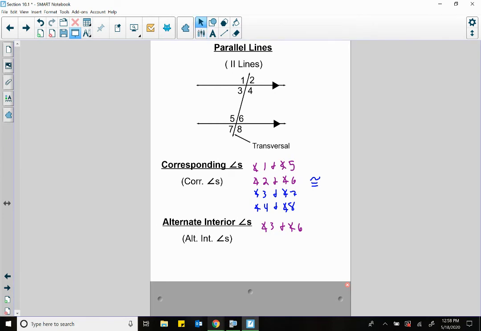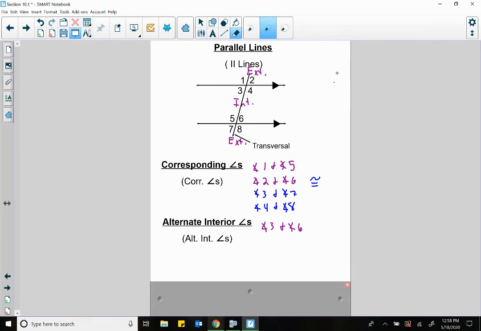So what I defined as alternate interior, your parallel lines divide your spaces up here. When you are between your parallel lines in here, this is what we call the interior. Out here is what we call the exterior. And there are two exteriors, one at the top, one at the bottom. Okay? So interior is between my two parallel lines.